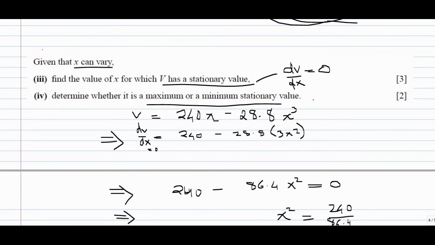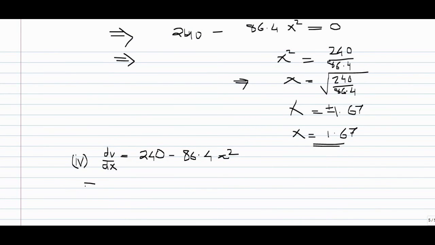Now determine whether it is a maximum or minimum stationary value. So to find out whether it is maximum or minimum value, let us calculate the second derivative of V with respect to x.